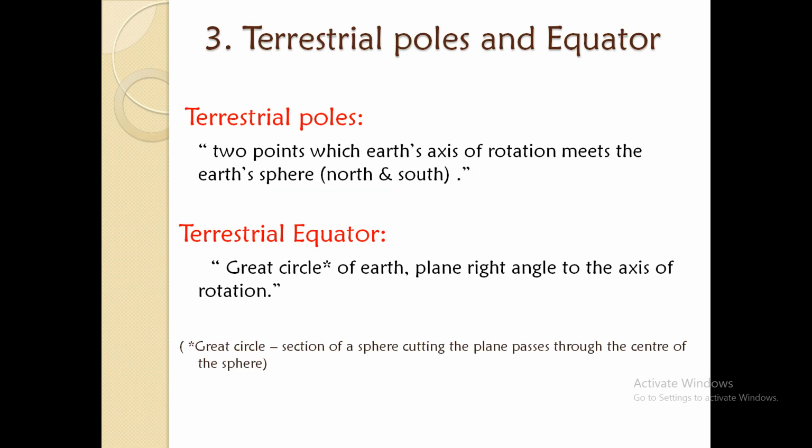The third term is the terrestrial pole and the terrestrial equator. These are the usual poles and equator on Earth. That is the point at which the Earth's axis of rotation meets the Earth sphere.